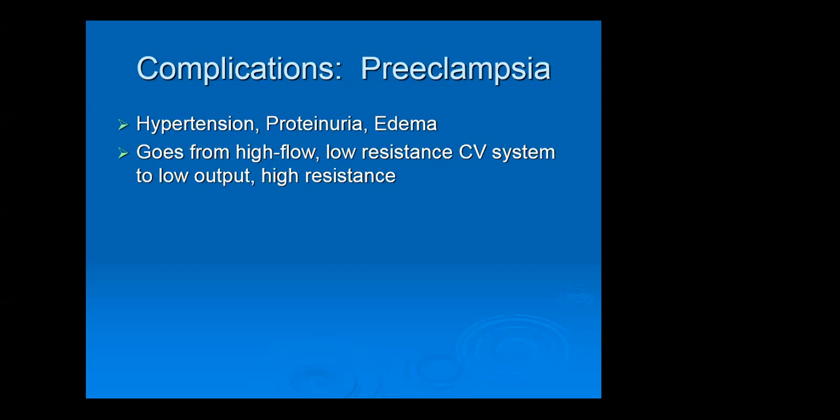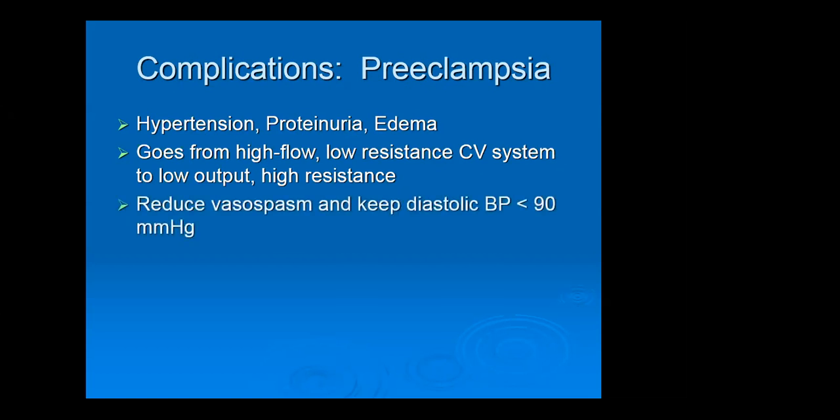The system, when they go into preeclampsia, goes from a high flow, low resistance cardiovascular system to now high resistance and low output. So everything kind of flip-flops. There's reduced vasospasm, and so you want to keep the diastolic pressure below 90.